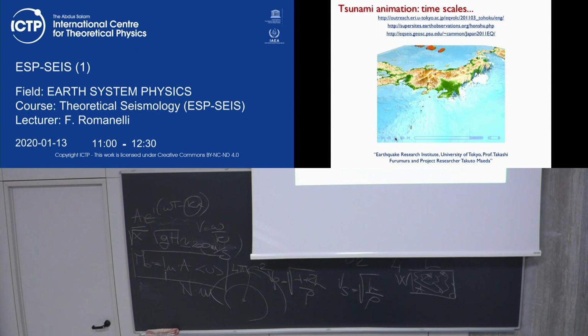In Europe, we cannot imagine 8.5. But in Japan, they can. But it was 9. And so the average tsunami height, instead of being 10 meters, I cannot imagine 10 meters of tsunami height, but what occurred, the height that occurred was 20 meters. And that was the tragic part of the story.